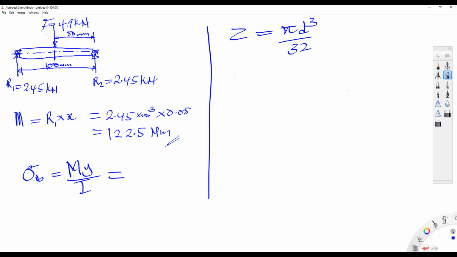Is what? Pi on 4, 1 on 4 r exponent 4. Yes, sir. Are you sure? Where are you getting that from?